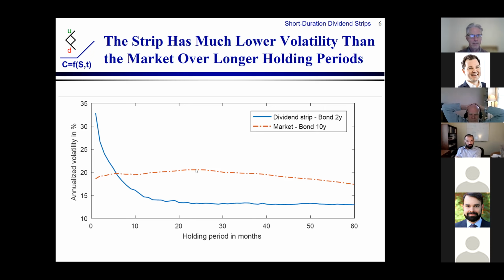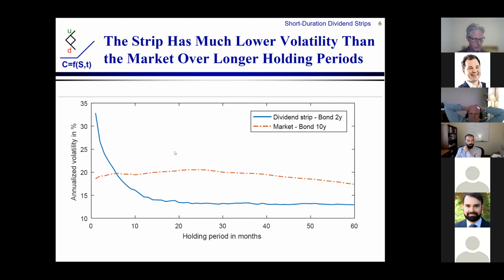Now, let's put together our findings so far. Returns on these two securities are broadly in line. The one was 8% a year, the other one was 9% a year. They're broadly the same. Volatility is coming strongly down for the dividend strip and stays about level for the market.